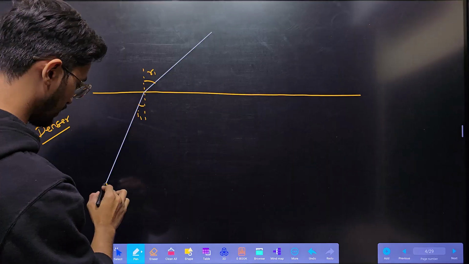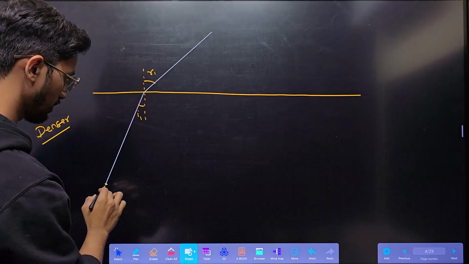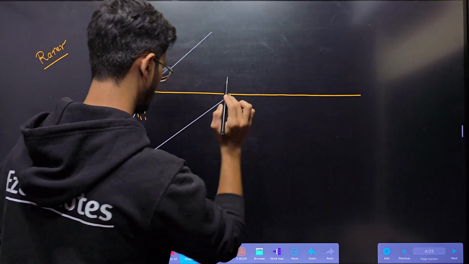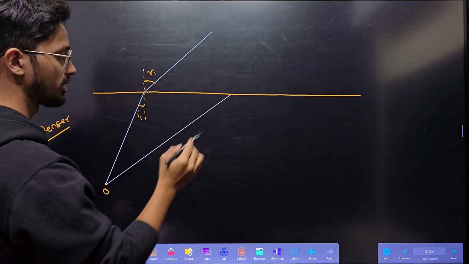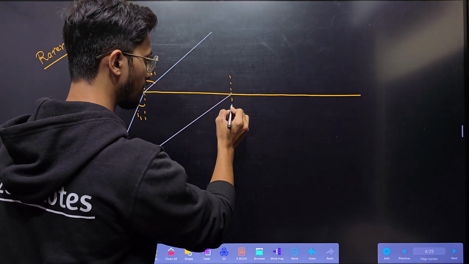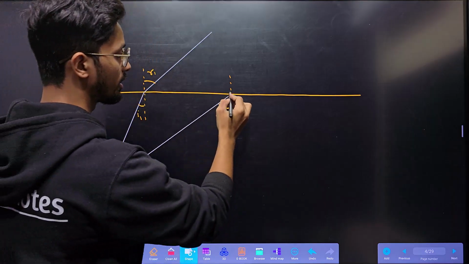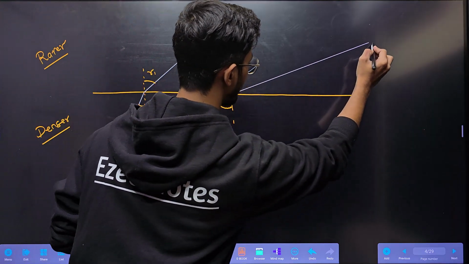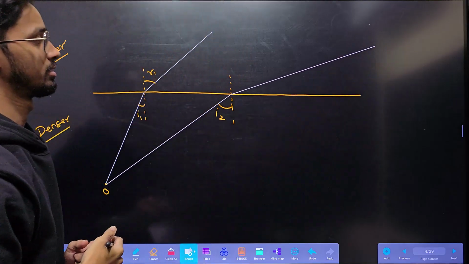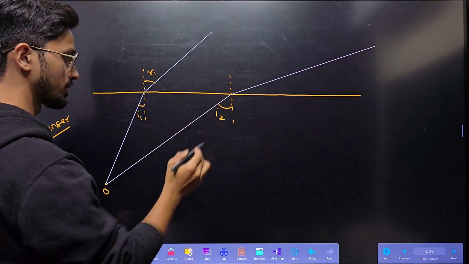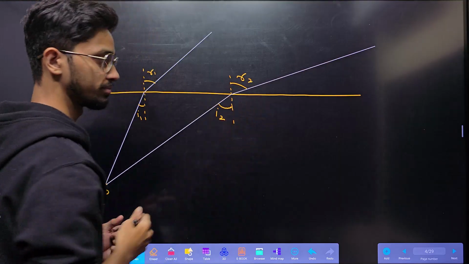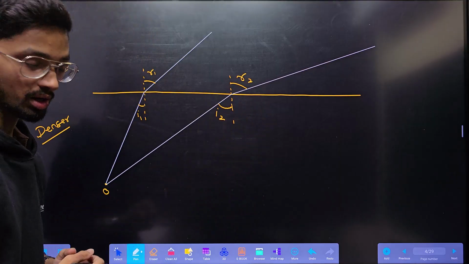And if I increase the angle like this, again this is our normal. This is the angle of incidence I2, and the refracted ray will bend more, right? This will be the angle of refraction R2. After some time, what happens?